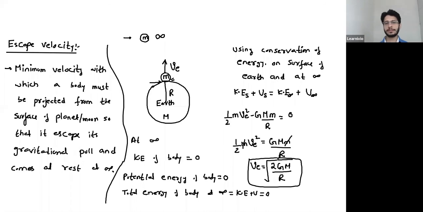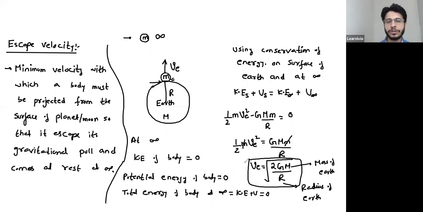If you look at this relation carefully, you will notice that the escape velocity depends on the mass of the planet. If you are projecting from Earth, then this is the mass of Earth. This is capital R, the radius of the planet from which you are projecting.